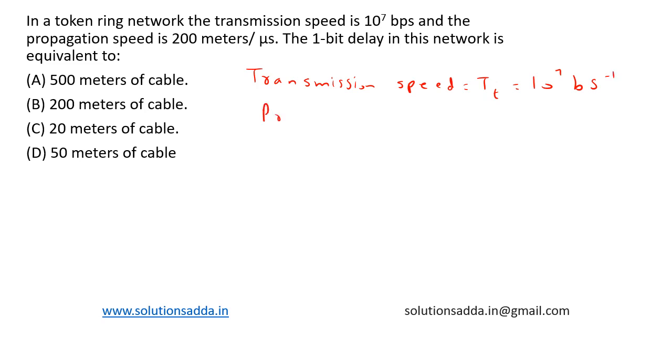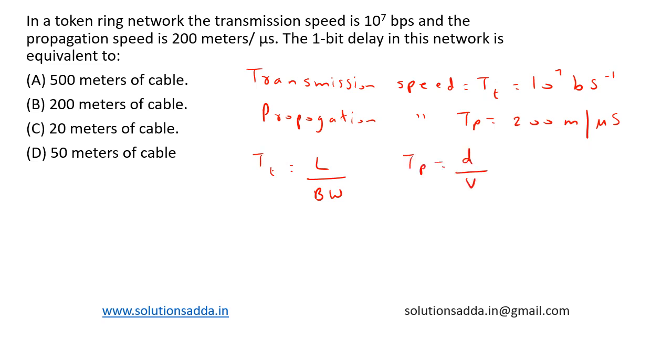Now propagation speed TP is equal to 200 meters per microsecond. Transmission time is equal to length by bandwidth, and propagation time TP is equal to distance by velocity.